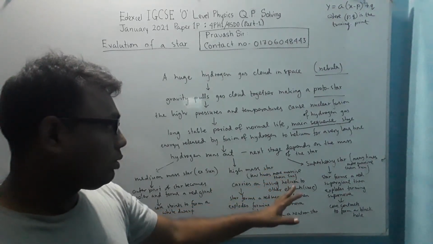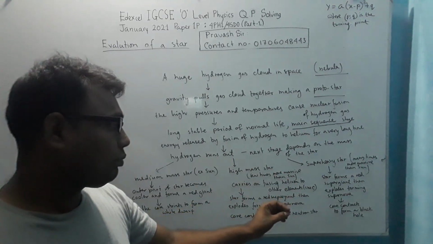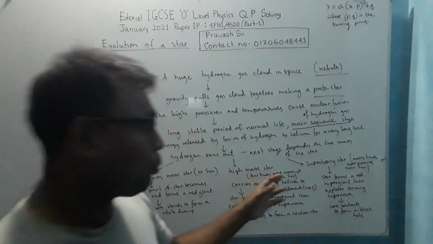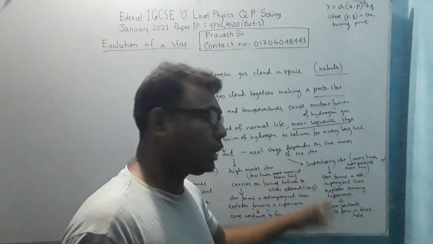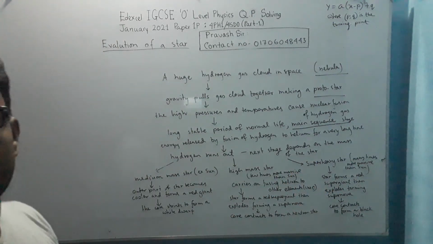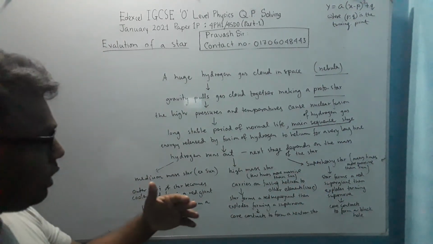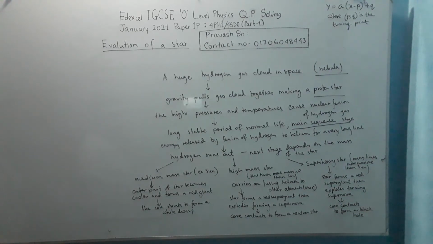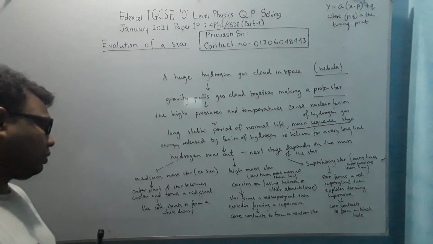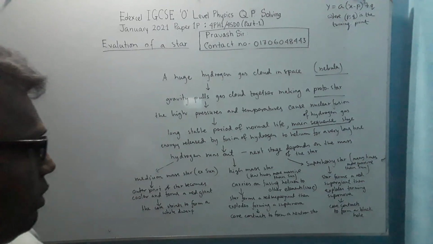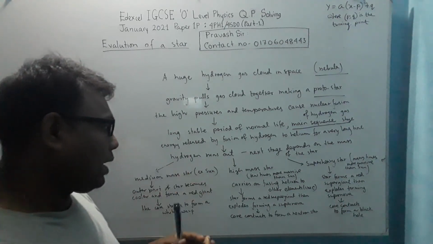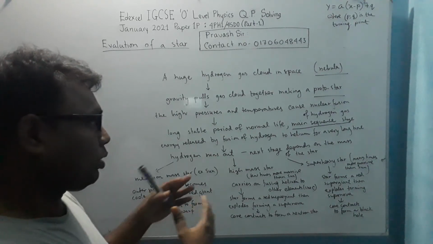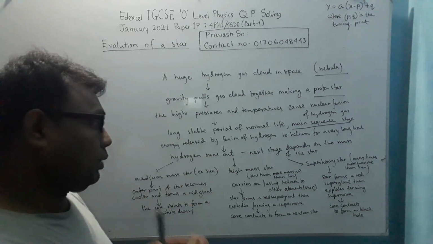But for the super heavy star, the core of the supernova contracts to form a black hole. So here is the variation. Finally, in the last stage, the high mass star and super heavy star differ.